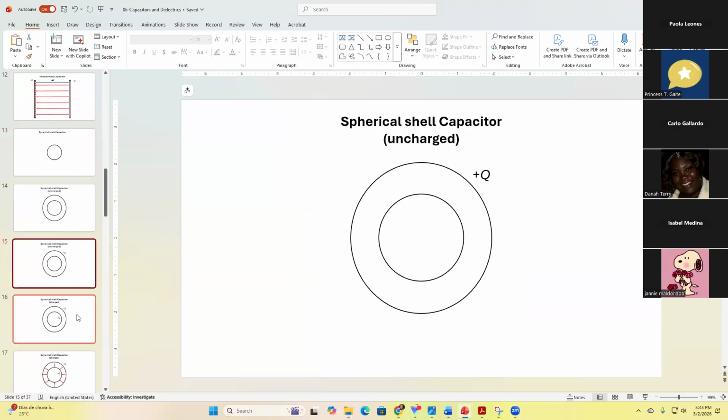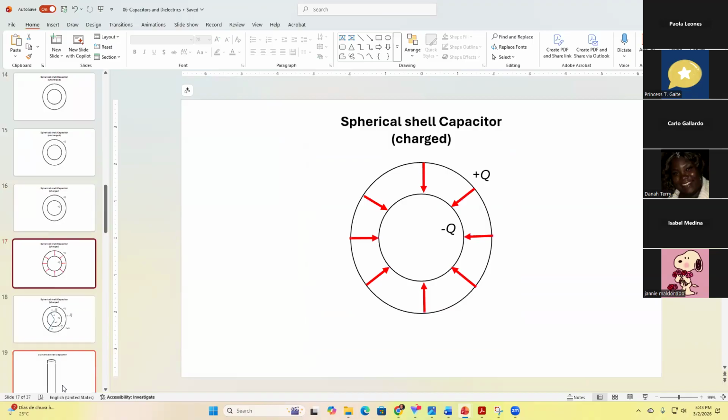In the case of the spherical capacitor, the voltage is going to be slightly different, because it's going to be the voltage of a point charge, because of the geometrical symmetry of the problem.